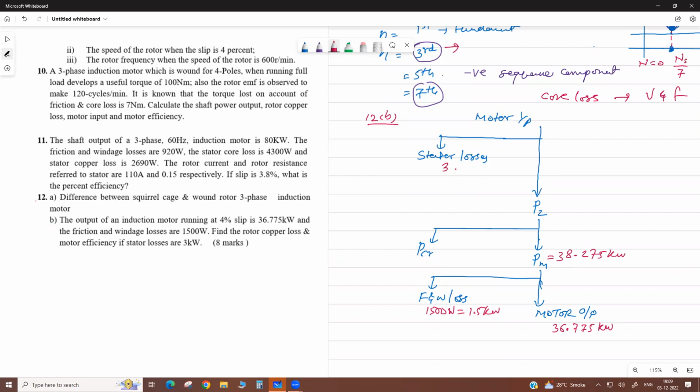Now here this is 3 kilowatt total stator loss. Here slip is also given, 4%. So now we can calculate.